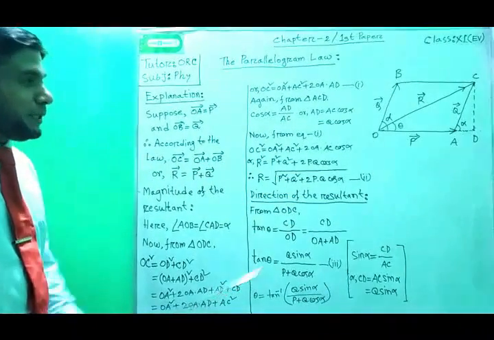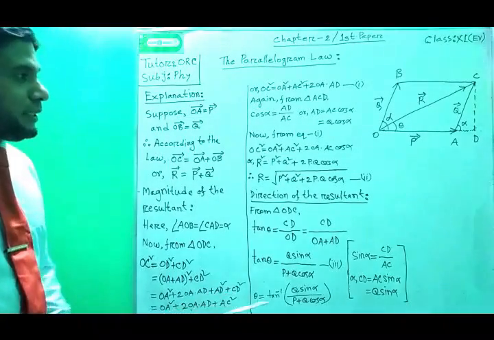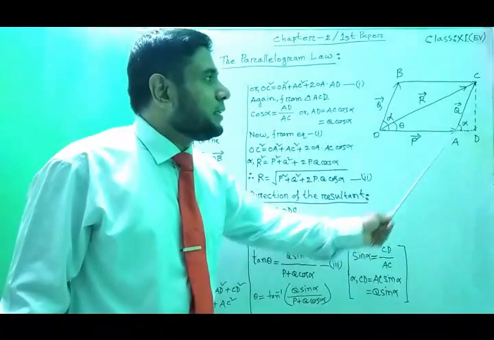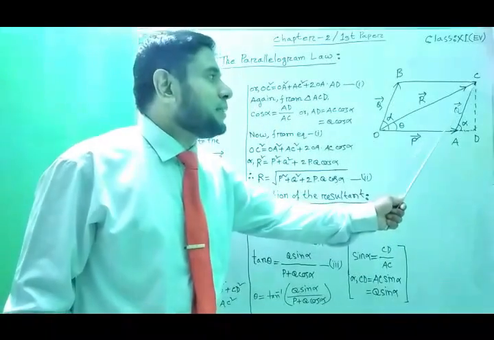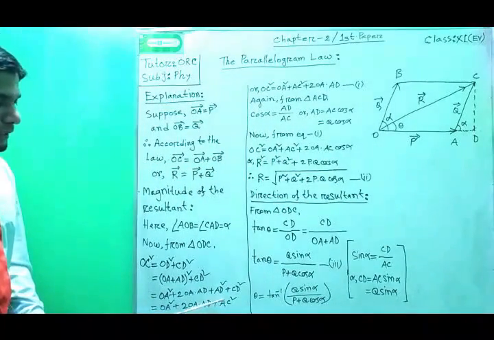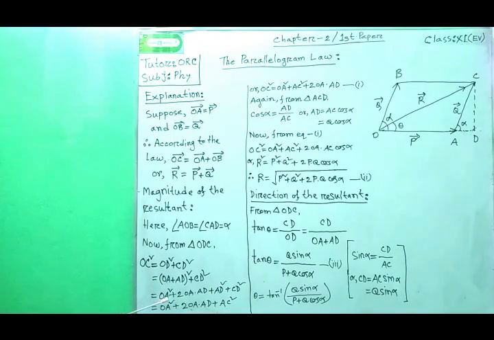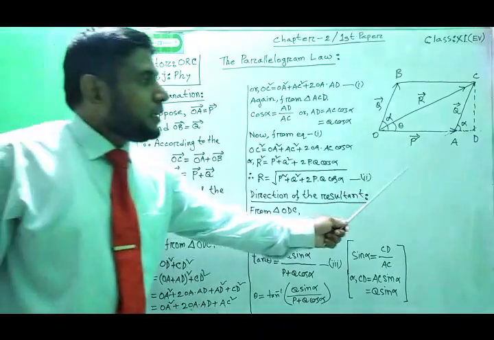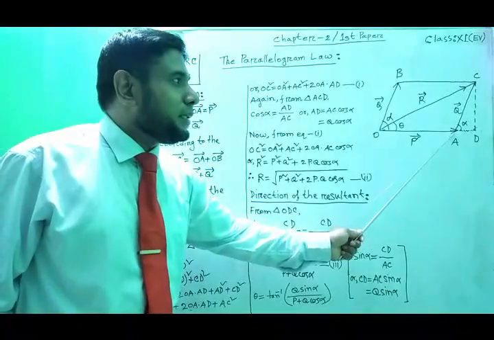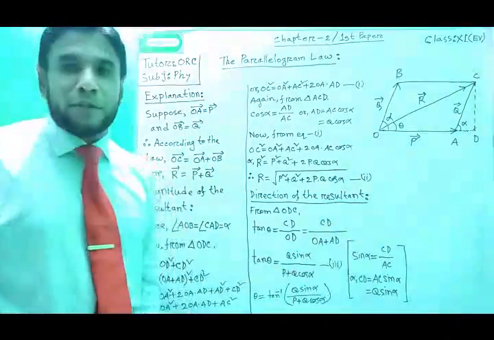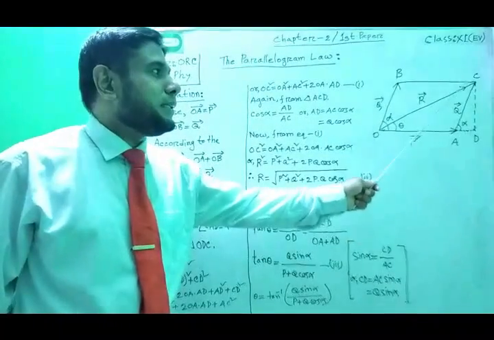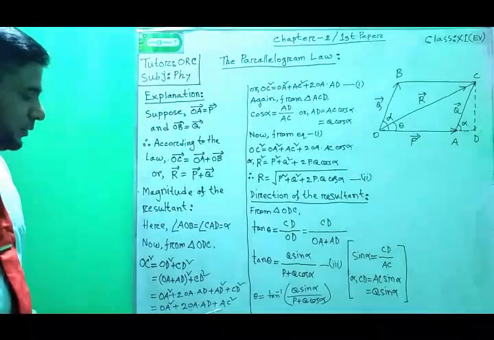From this right angle triangle, AD square plus CD square equals AC square. Another value will remain the same: OA square plus 2 OA into AD, and in place of AD square plus CD square we will put AC square, according to the Pythagoras law.